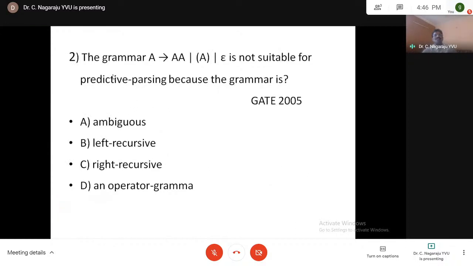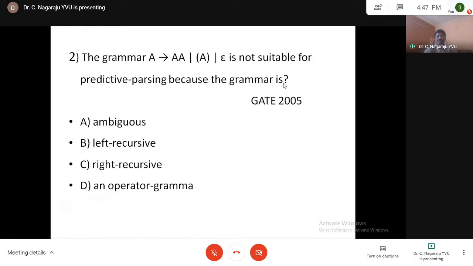Second question: the grammar A can have the form of A, or within brackets A, or epsilon, is not suitable for predictive parsing. Generally, predictive parsers, which are top-down parsers, do not allow left recursion, right recursion, ambiguous grammar or left factoring.